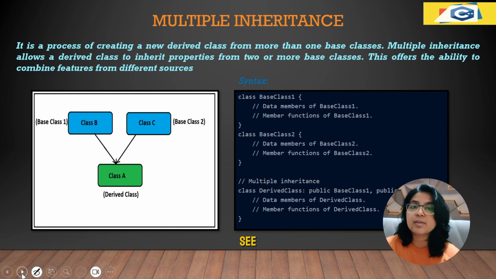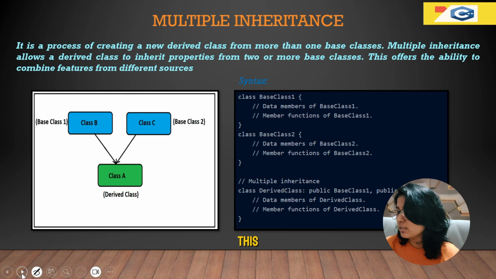So first we will see the basic definition of multiple inheritance. It is a process of creating a new derived class from more than one base classes. What does it mean? You can see an image on left side.